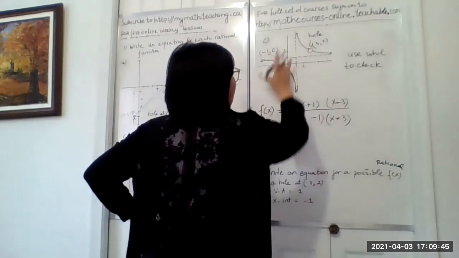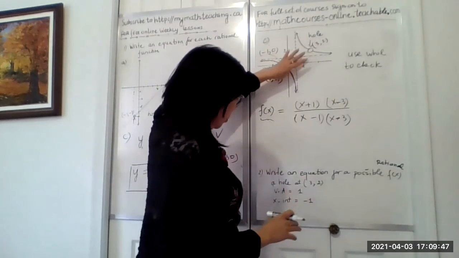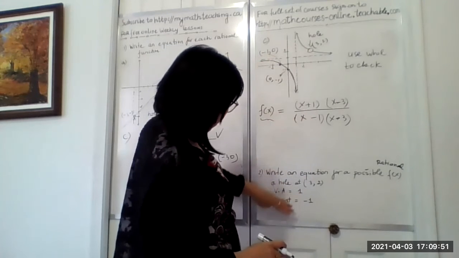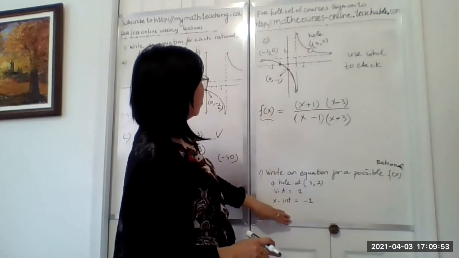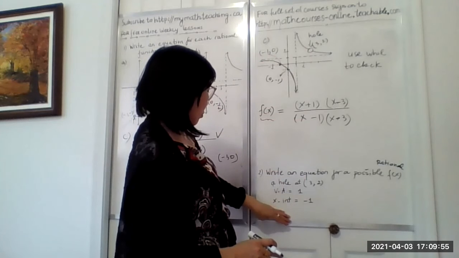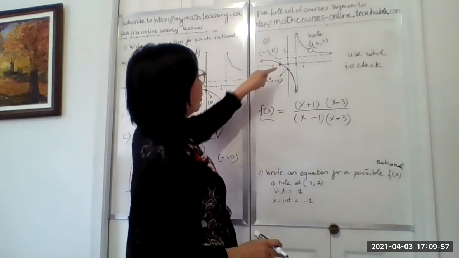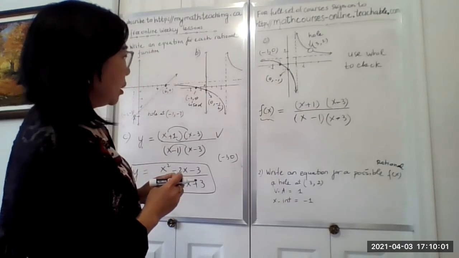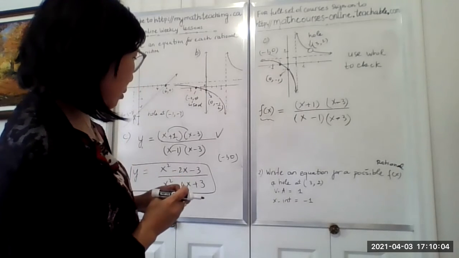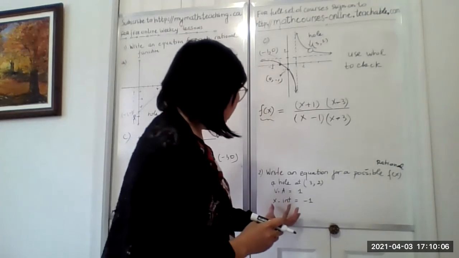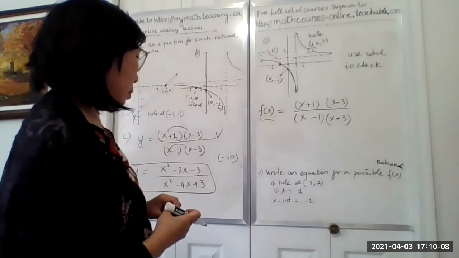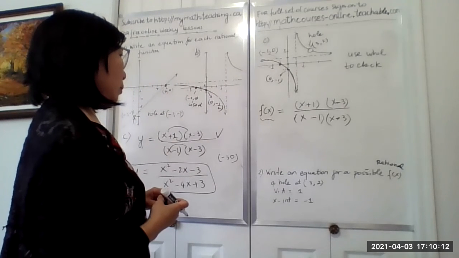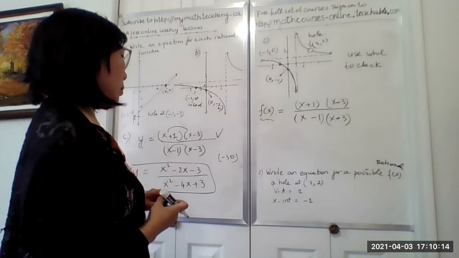Now, make sure I don't confuse, right? I look at this all the time. What do I do? It looked like these two equations are very much the same, with x-intercept at -1. It looks like I am writing the same equation, except that we don't have a horizontal asymptote here. Okay.